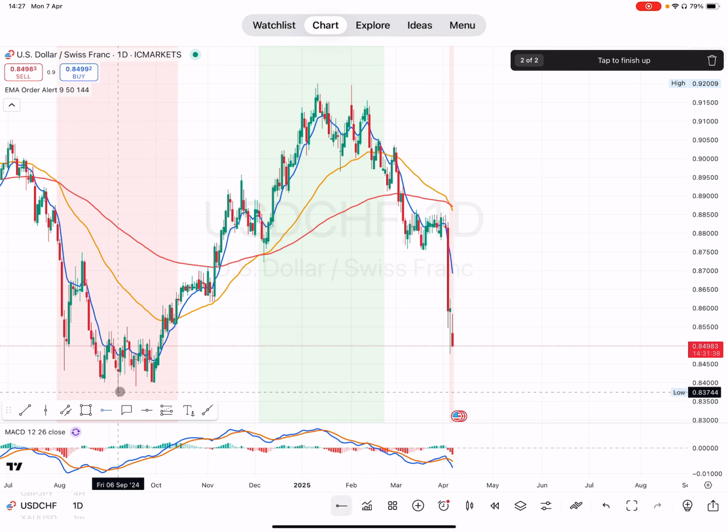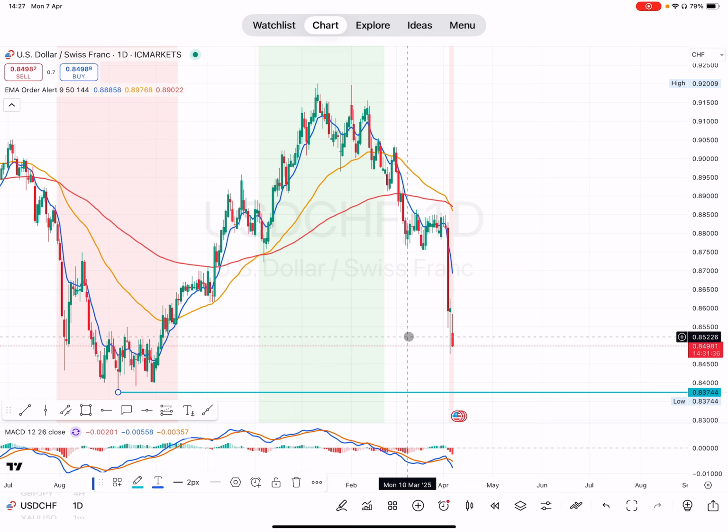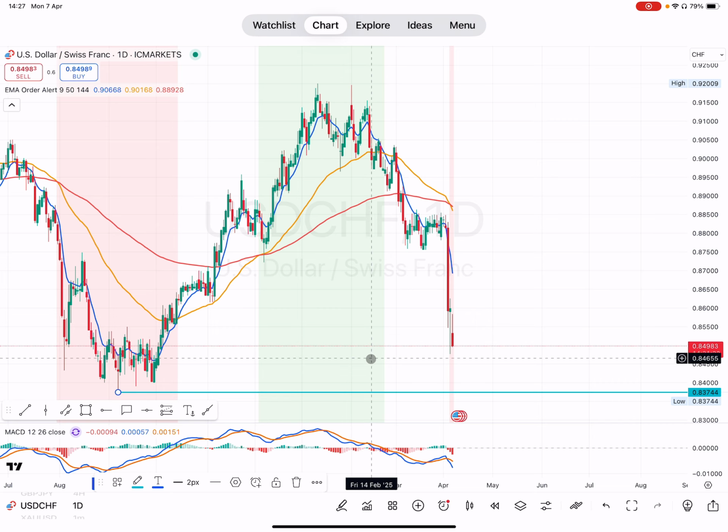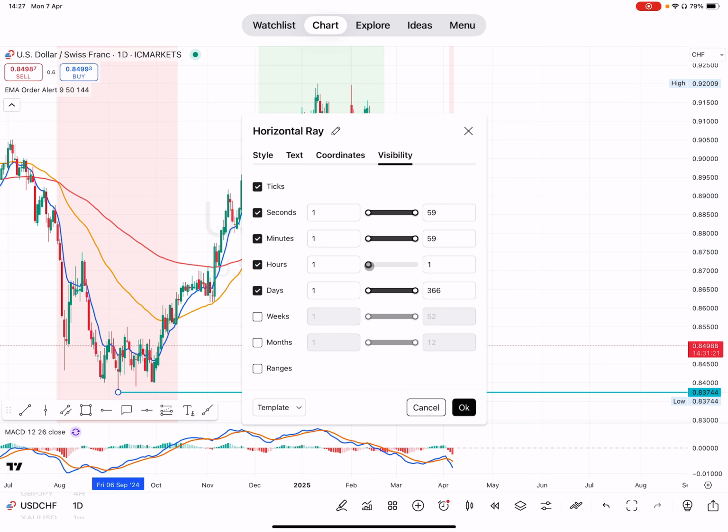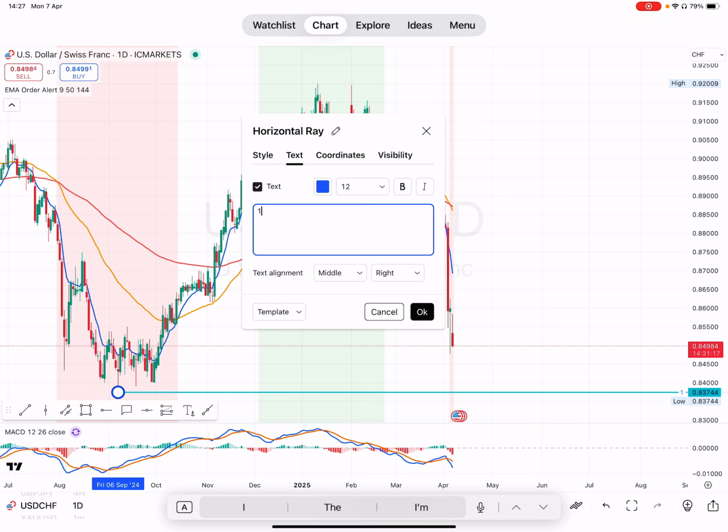we have a low of 0.83744. Okay. So in this area, this is where we have a support area on the daily. Let me just mark that out, in fact. And support.